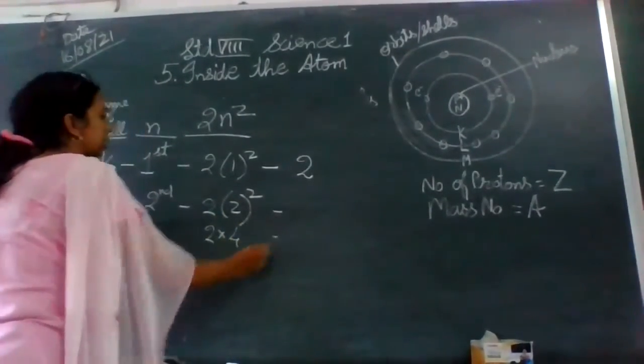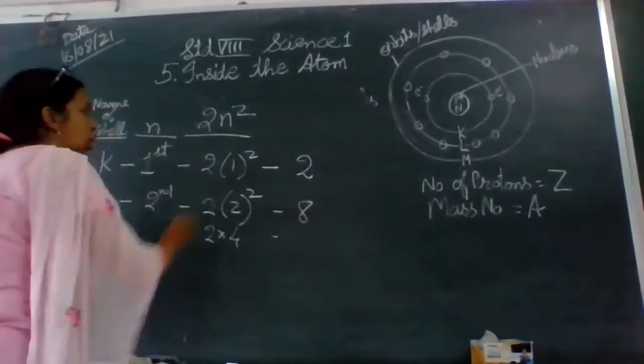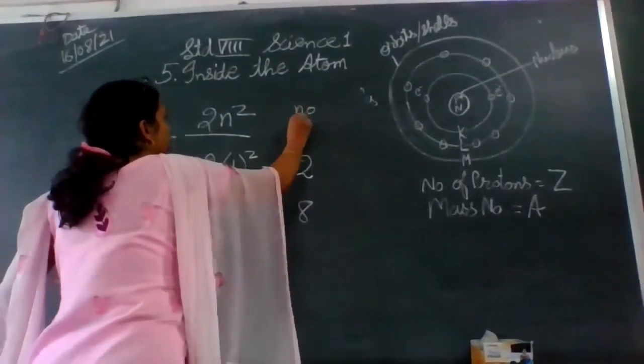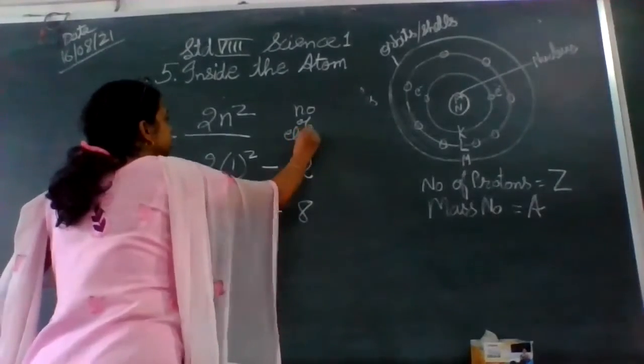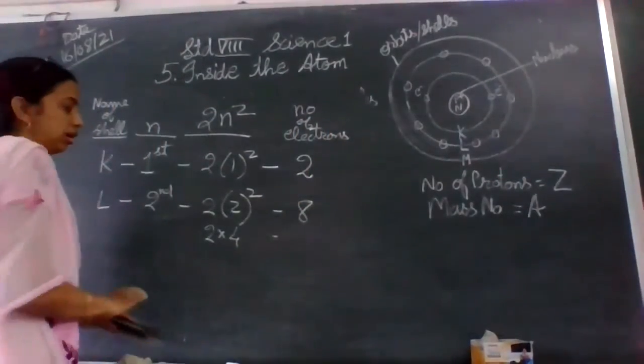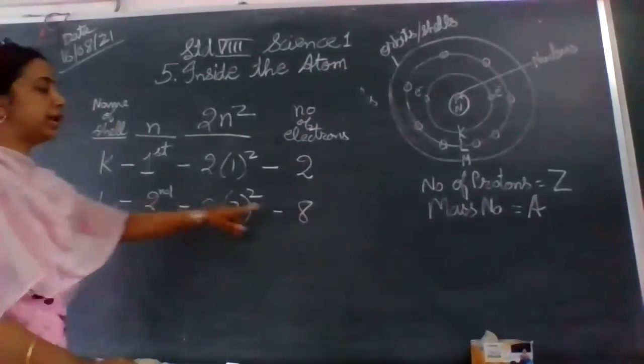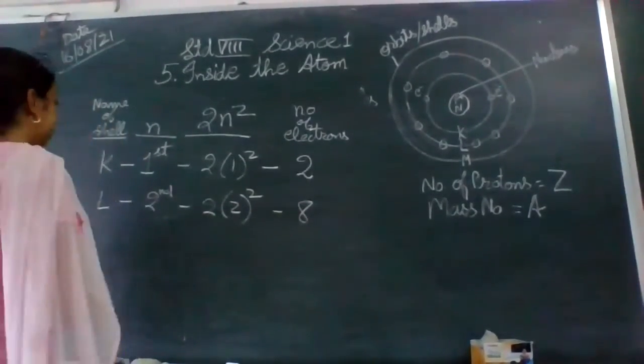That's why the outcome is going to be 8 electrons, the number of electrons that can be accommodated in that shell. So the L shell can accommodate 8 electrons.